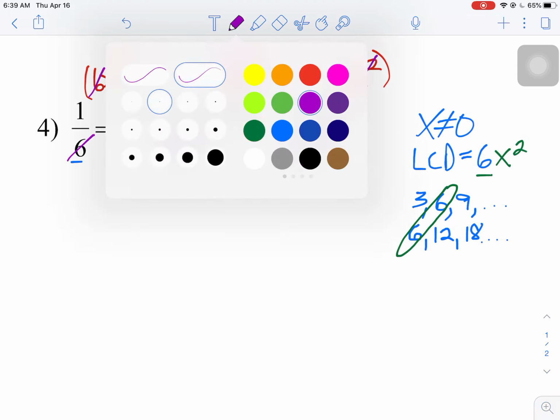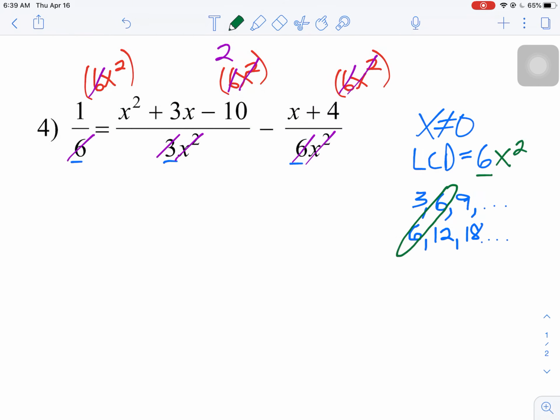So the only thing left in that first fraction is 1 times x squared, which is just x squared. And then in that second fraction, the only thing left is the 2. Now be careful, it's 2 times the whole numerator of that second fraction. So 2 and then parentheses, x squared plus 3x minus 10.